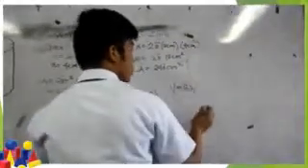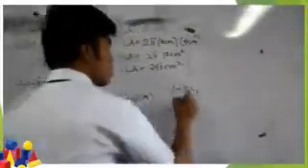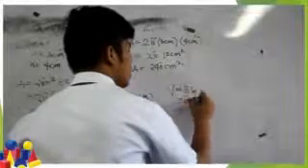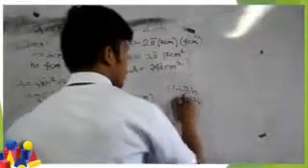Lastly, the volume of the cylinder, which is V equal to base times height, where B is equal to pi r squared, times h. So let's substitute the given.